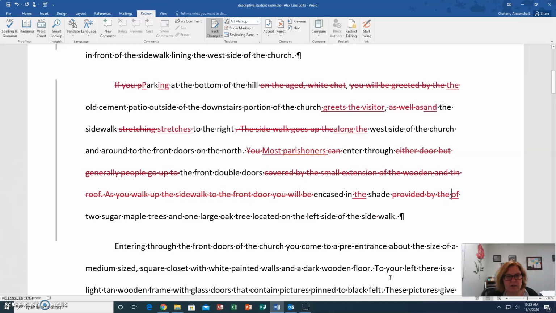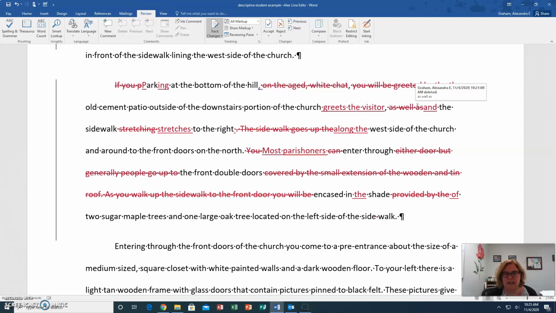All right, so parking at the bottom of the hill, I need a comma there, the hill, the old cement patio outside the downstairs portion of the church. Okay, it's imagery. All right, I've got that because I've used personification here. Because the old cement patio greets the visitor, and obviously a patio is not human, so therefore it can't really greet anything.